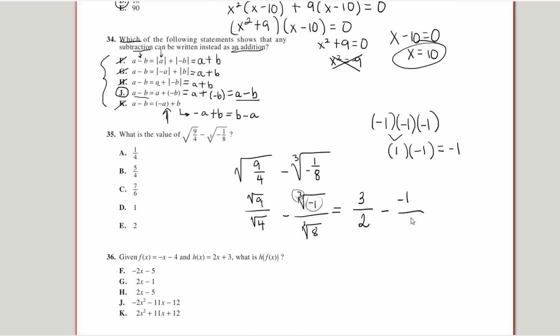And then the cube root of 8 is 2. 2 times 2 times 2 is 8. So we have 3/2 minus a negative 1/2. That's really the same as 3/2 plus 1/2, which is 4/2, which is 2. And so that is answer choice E.